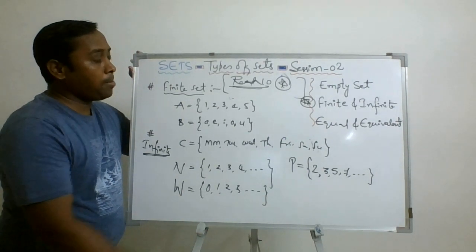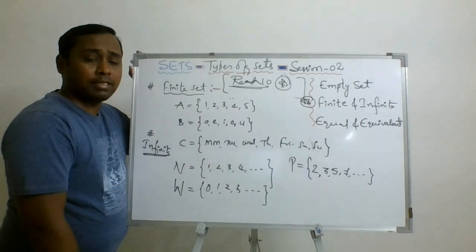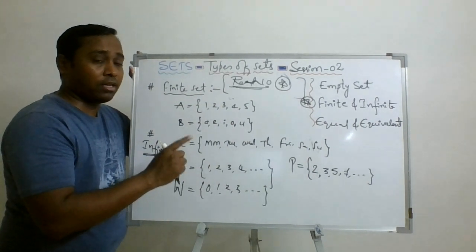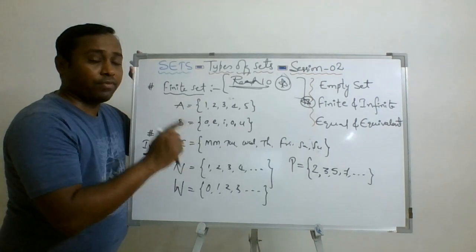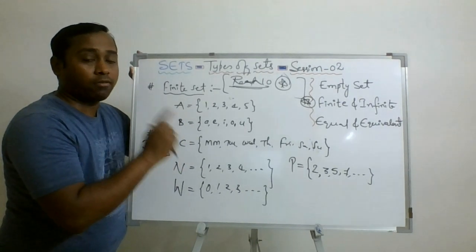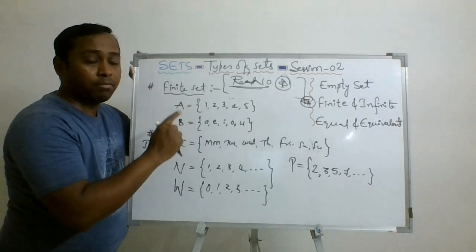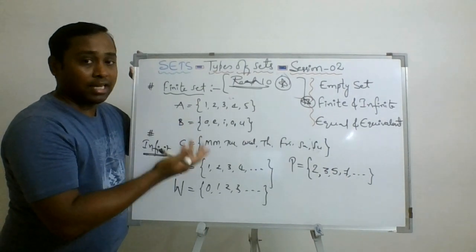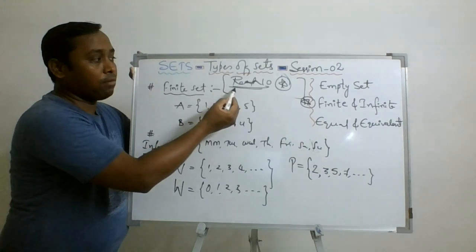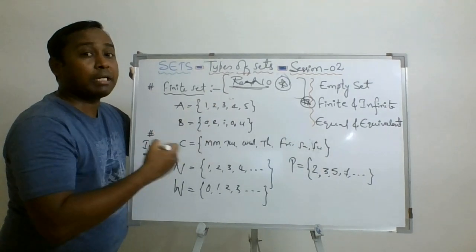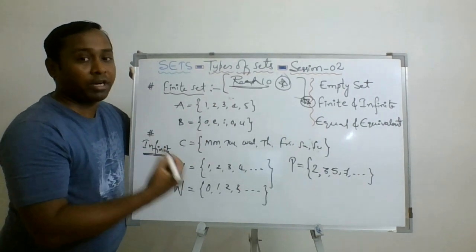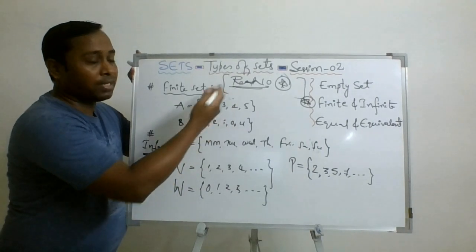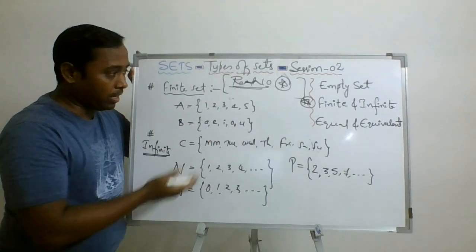And the real numbers set is the only set which cannot be written in roster form, because the real numbers do not follow an exact pattern where we can list the elements. Hence, the set of real numbers is always expressible in set builder form, which we call property form. So how can I represent the real numbers in property form? Let's see.